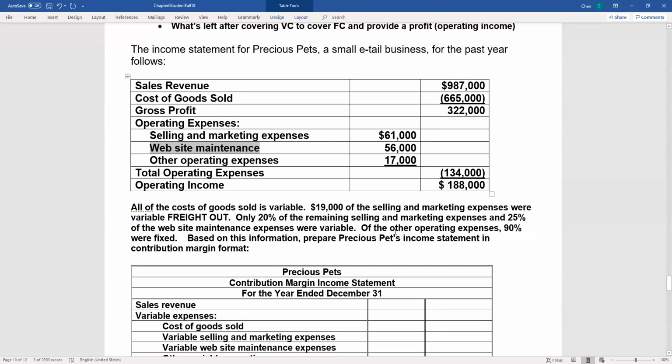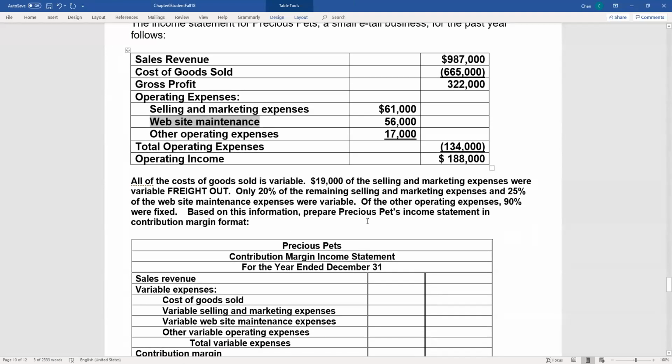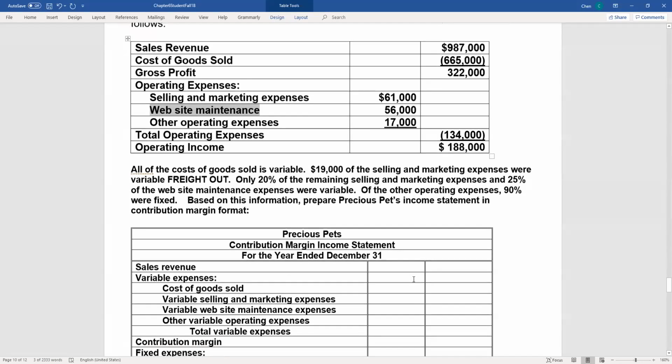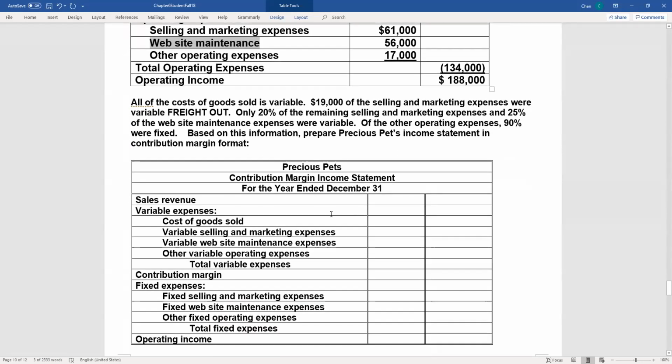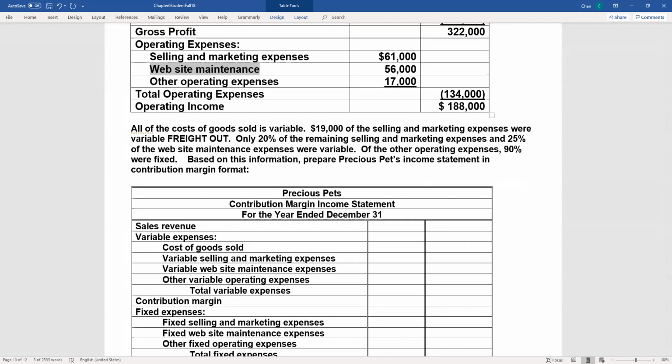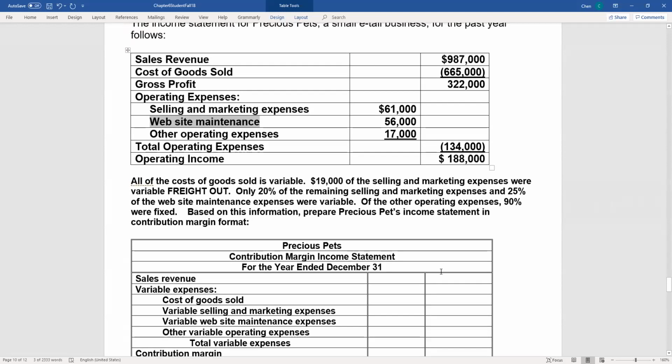Of the other operating expenses, 90% were fixed. Based on this information, prepare the income statement in contribution margin format. The framework, the format of the income statement, has been given here. We simply need to put in these numbers.